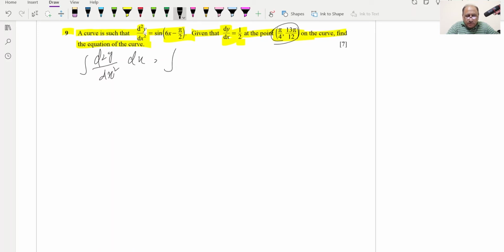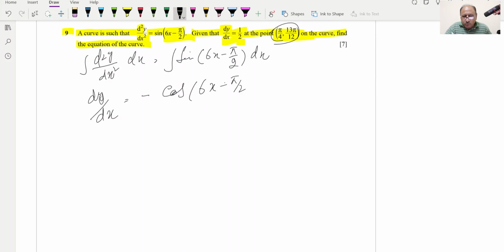So this is the integral of sine of 6x minus pi by 2 dx, and we will get dy over dx, one single derivative, equal to minus cos of 6x minus pi by 2, since the integral of sine theta is minus cos theta, and divided by 6, or we can write 1 by 6.